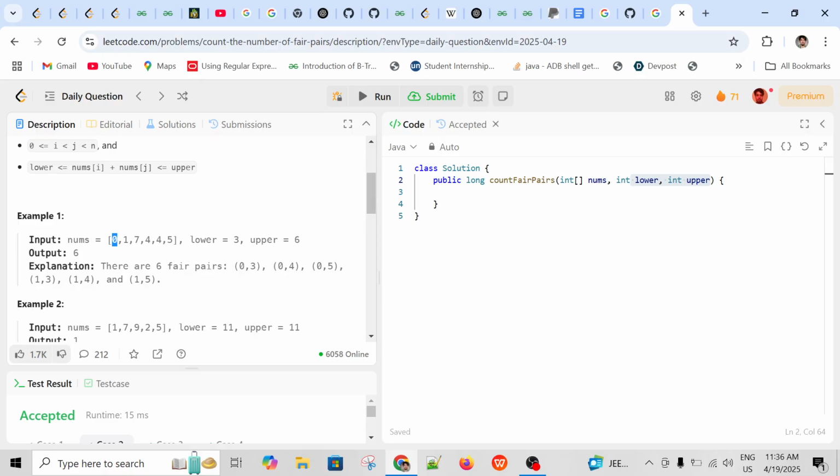But the time complexity it will give us is n square, because for each index we are iterating over the remaining elements next to this index.